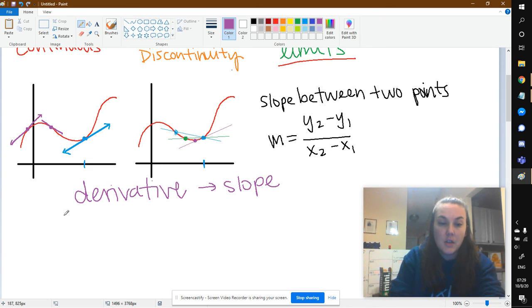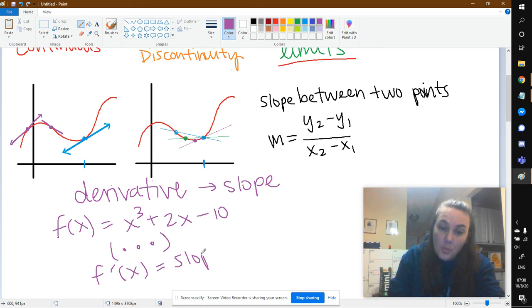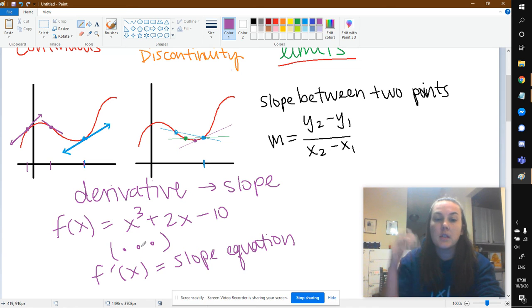We're going to see a function, say, this function. We're going to have a not so magic process to find its slope equation, which is an equation that if you plug in the number you want, you plug in -1, you plug in 3, you plug in 20, whatever, it'll just spit out the slope instead of spitting out the y value.